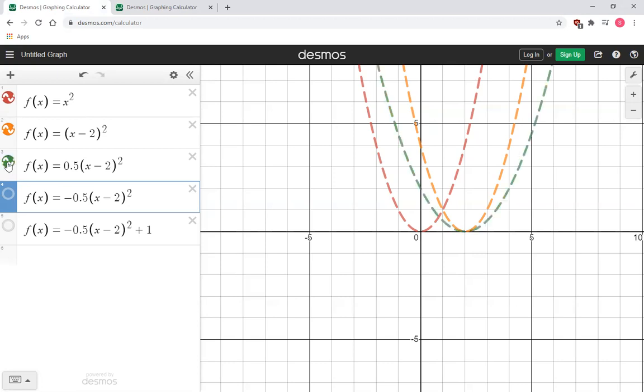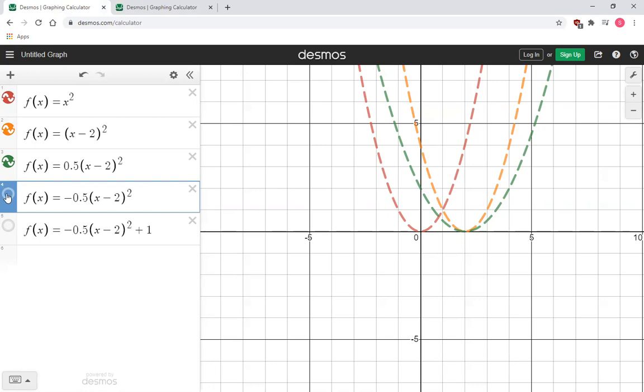So we can see here that when y was equal to 1, now it's equal to 1/2. When y was equal to 2, now it's equal to 1. So we can see that. And then we deal with the negative sign.